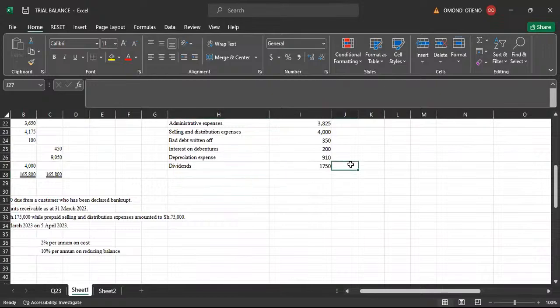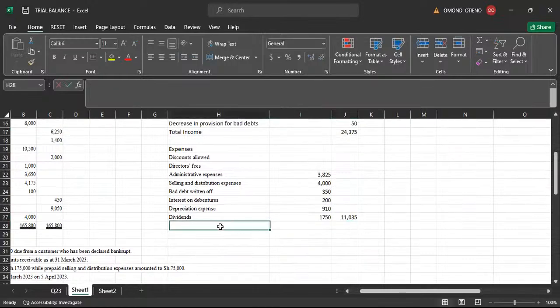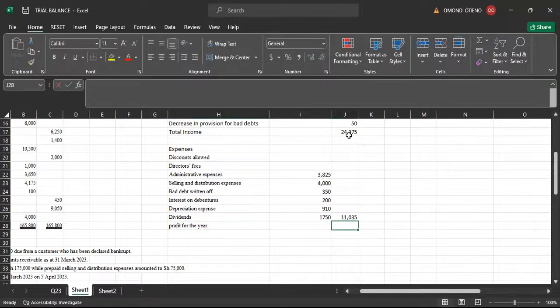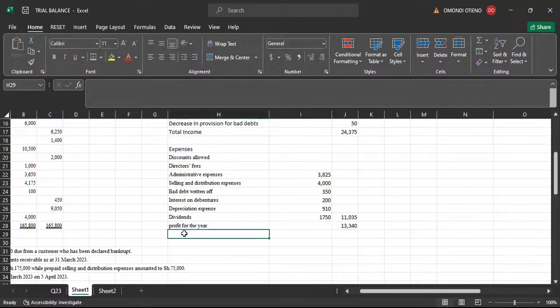So the total expenses will be these ones here, and then we get profit for the year. Profit for the year is the difference between total income less the expenses.